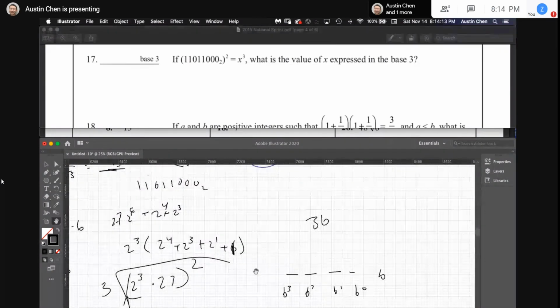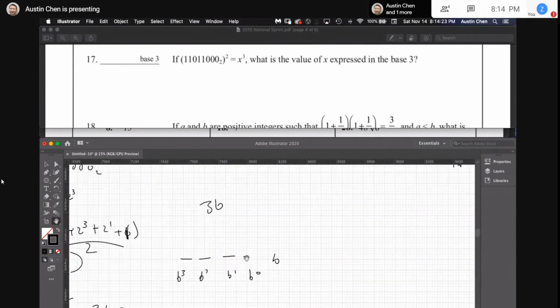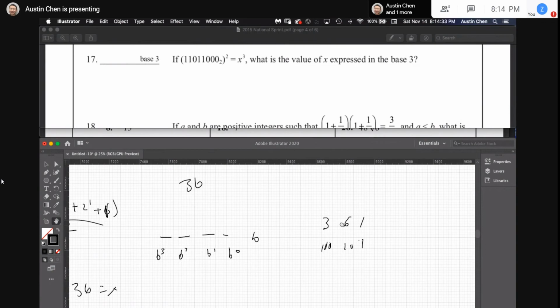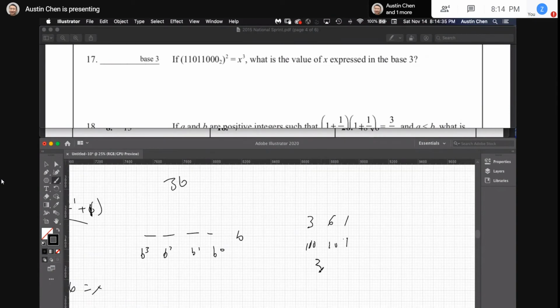That's what I did with that. I multiplied each of them by what place value they were on, and then added them together to find their value. Like in base 10, we have 1, 10, 100, right? So if we say 361, we're really meaning the value of 300 plus 60 plus 1, right?